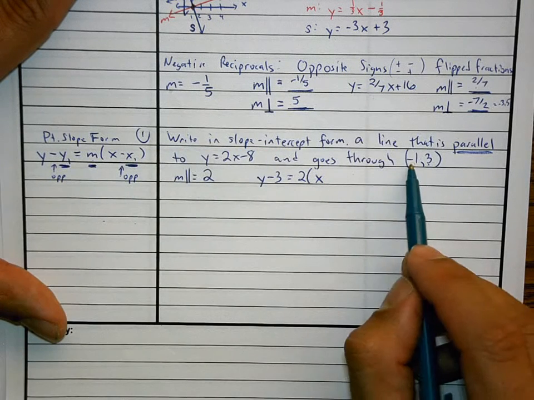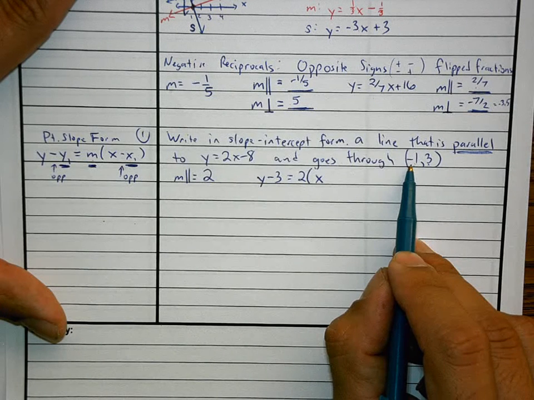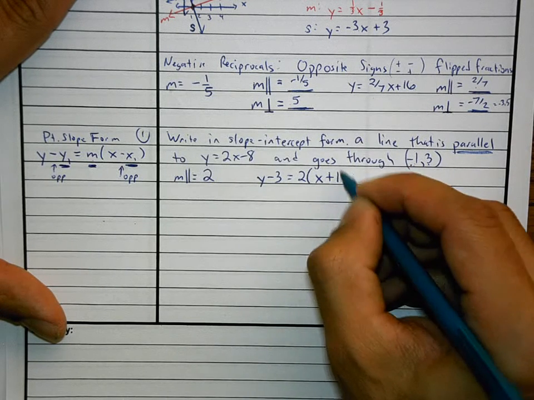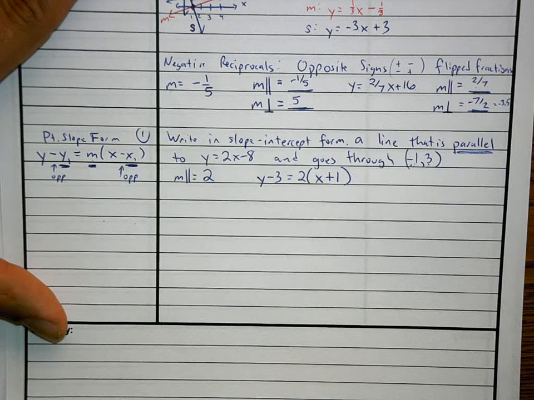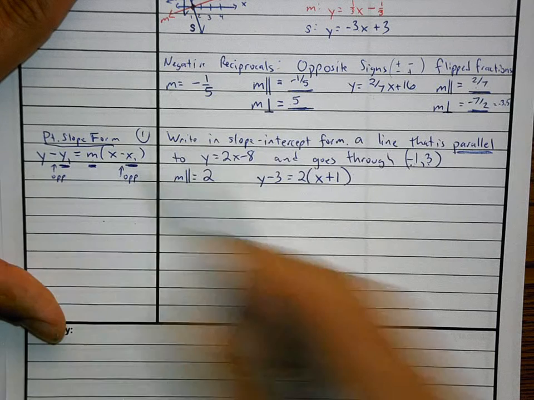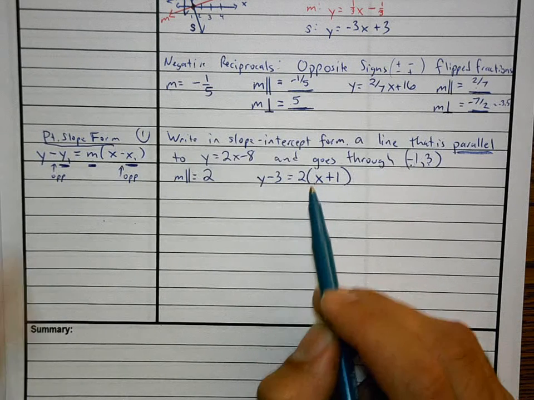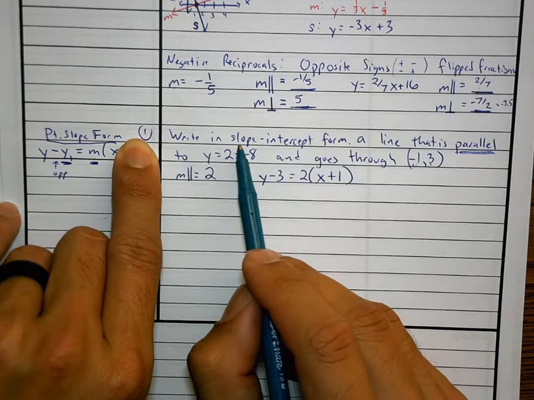Opposite of the x. Okay. So this is in point slope form. Now, some of the questions you can answer in point slope form, but for number 1, you can't because it says right in slope-intercept form.